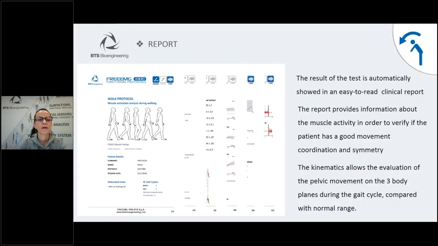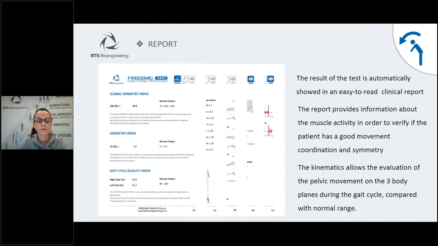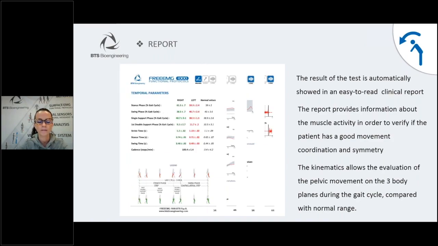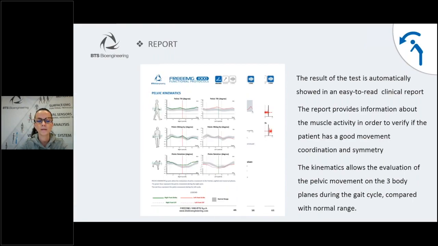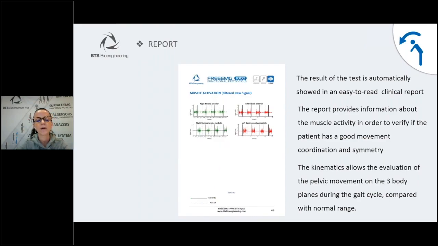Once the test has been carried out, through a quick and automatic computation of the acquired data, the test result is shown in a final report of clear and immediate reading, which returns the evaluation indexes of the symmetry and the quality of the gait cycle, the main temporal parameters of the gait cycle, the three-dimensional kinematics of the pelvis, and finally, the timing of muscle activation and the index of coactivation of agonist and antagonist muscles that allow us to evaluate the coordination of the patient.